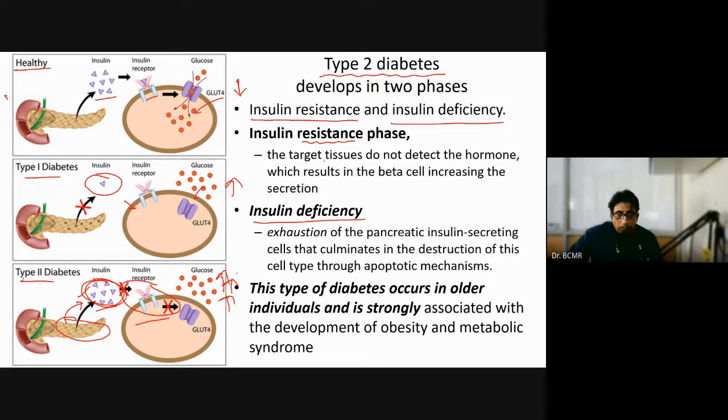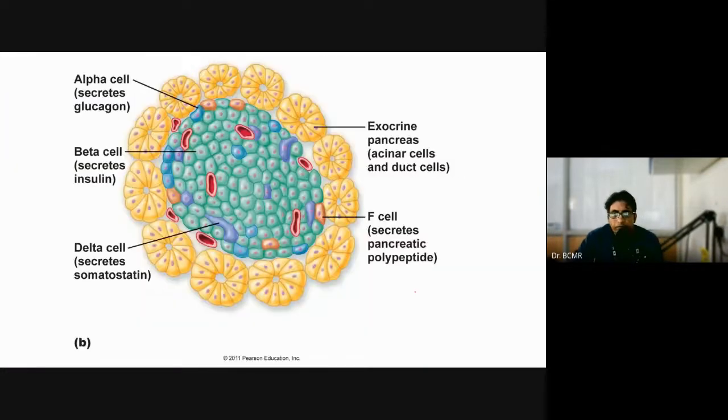These are usually associated with obesity and lifestyle and many other things. Okay, let's look at what cells are producing what, and how glucose homeostasis happens within the body.